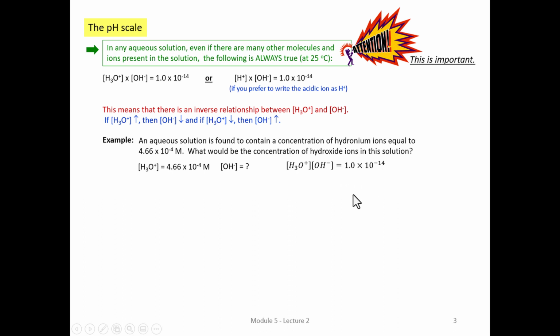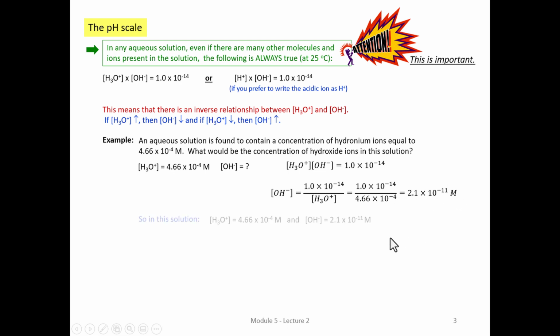So what we'll do is we'll simply solve for the hydroxide ion concentration. We'll bring the hydronium ion concentration underneath the 1 times 10 to the minus 14 right here and just substitute in the given hydronium ion concentration. Do a little math. We find out that the hydroxide ion concentration is 2.1 times 10 to the minus 11 molar.